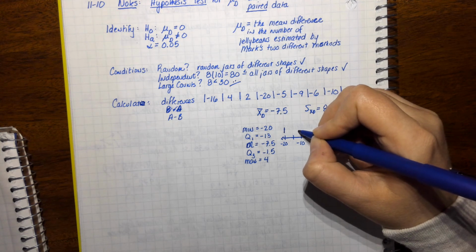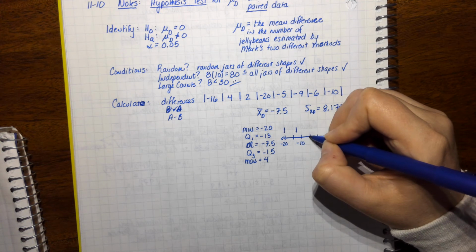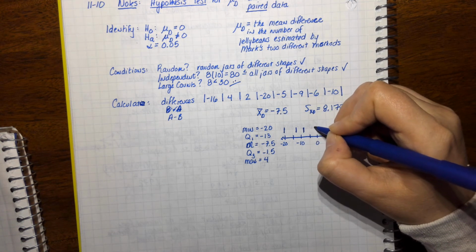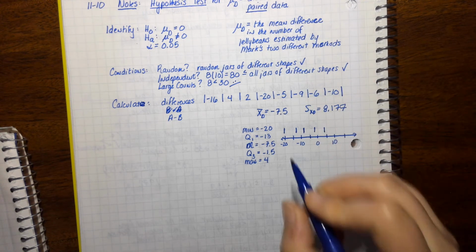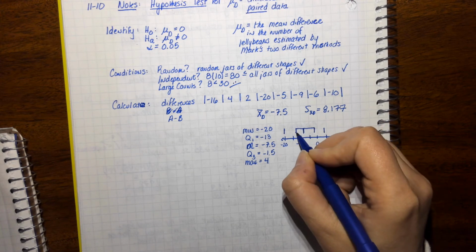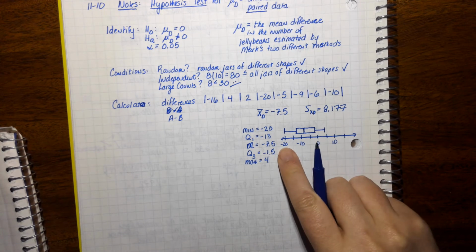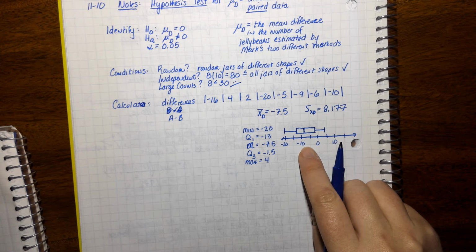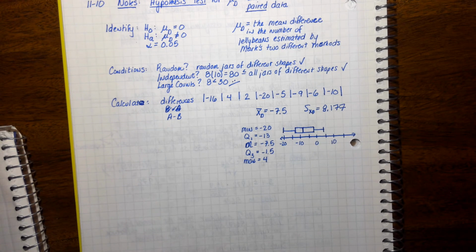Q1 is negative 13. Median is negative 7.5. Q3 is negative 1.5, and the max is 4. Okay, look at this beauty. Negative 20, negative 13, negative 7.5, negative 1.5, 4.